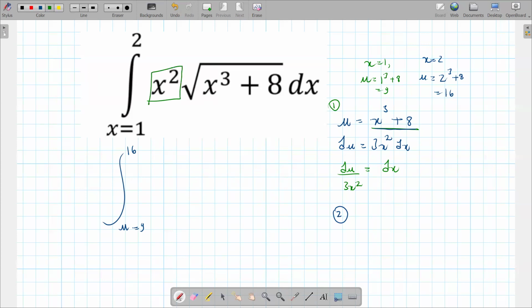This x squared, we didn't touch it. I'm going to leave that as x squared. This radical, we didn't touch it. I'm going to leave that. What's the inside part of the radical? What did we replace this by?